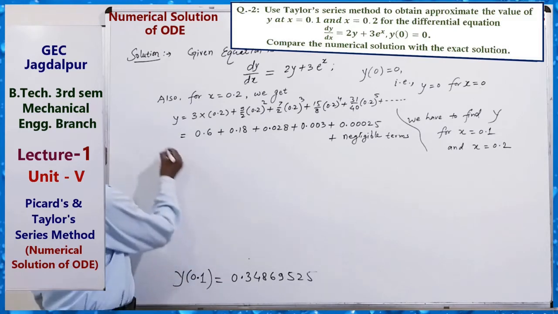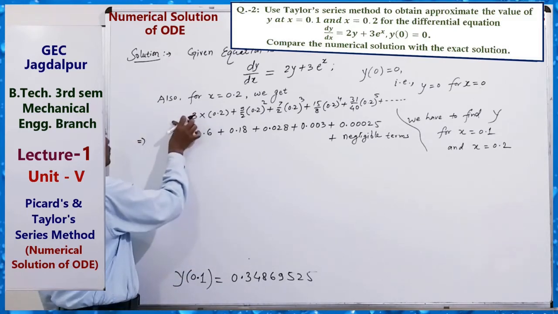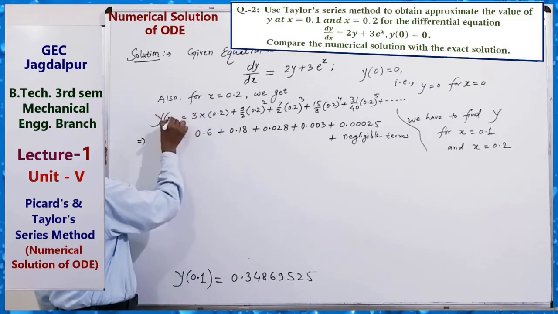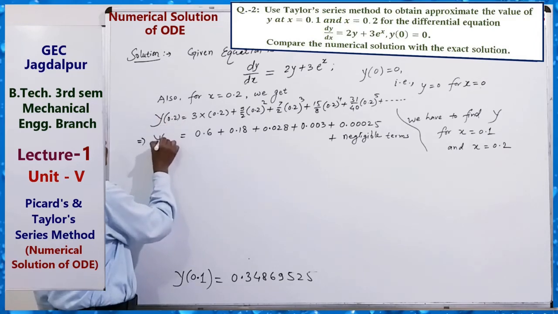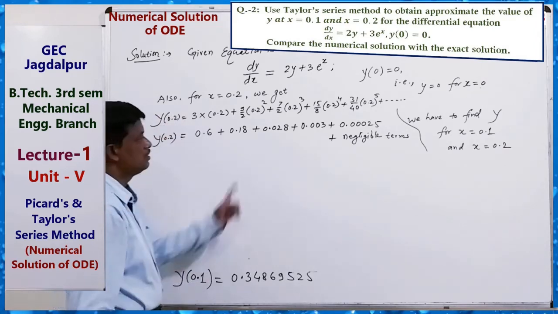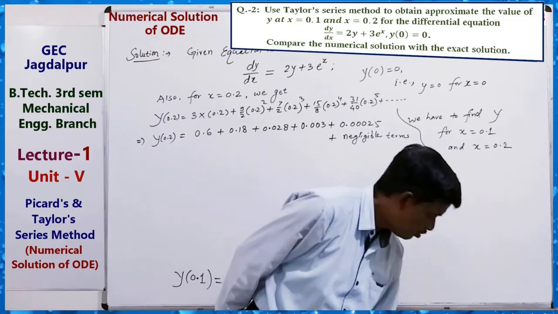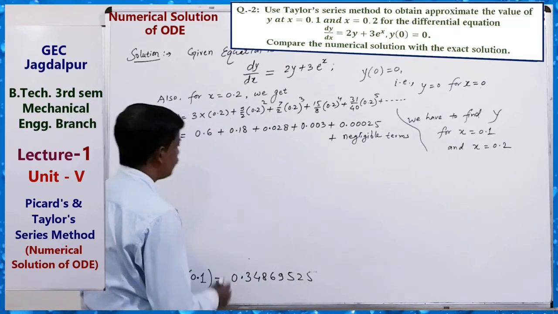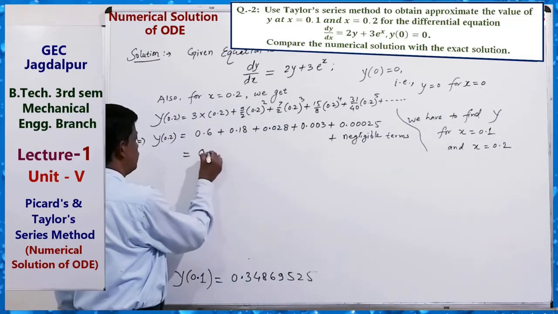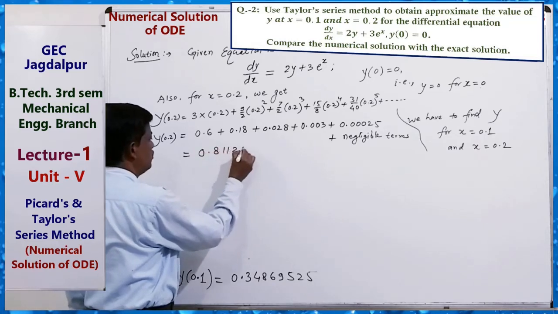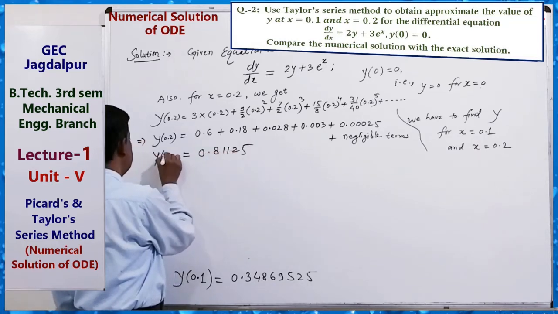Now add these terms, y at 0.2. Adding this, you can get the value 0.81125, y at 0.2.